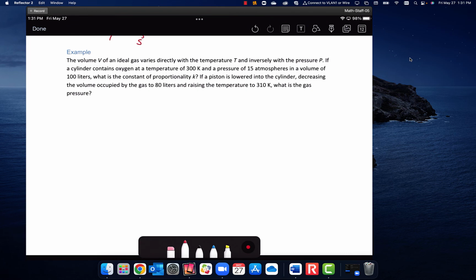The volume V of an ideal gas varies directly with the temperature T and inversely with the pressure P. Let's start with that and write an equation.